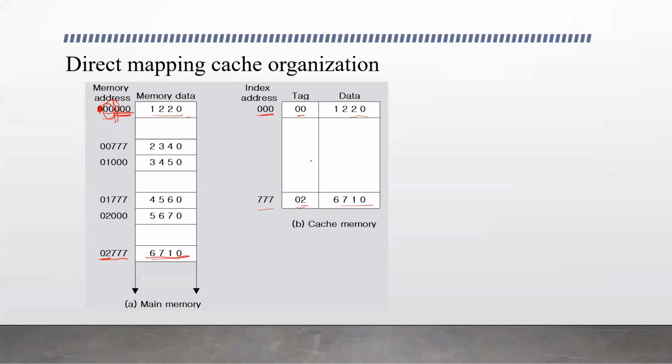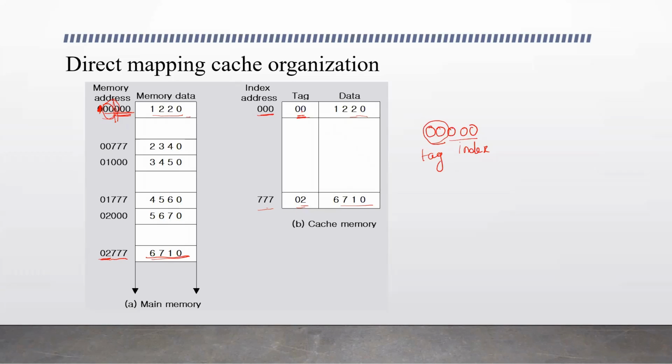When the CPU places the address in the argument register, say 00000, it is divided into two parts. One is the index value, used to access the particular location in cache, and the tag field is compared with the tag in the cache memory word.